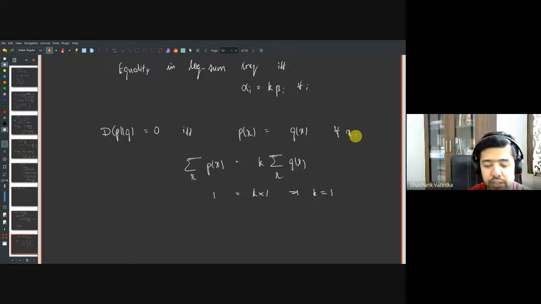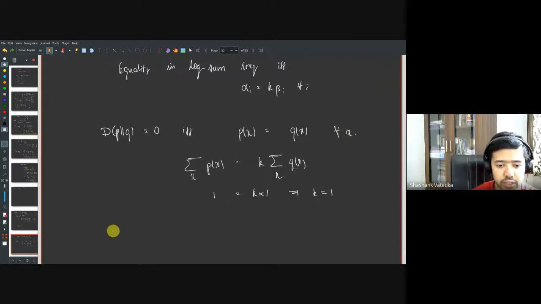And this corresponds to our notion of distance, right? So D(P||Q), as we've seen, is always non-negative, and it is equal to 0 only if the two arguments are the same. And that is what is naturally expected in any measure of distance between distributions. But this is not a true distance.